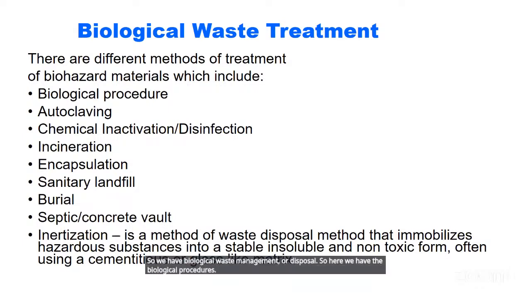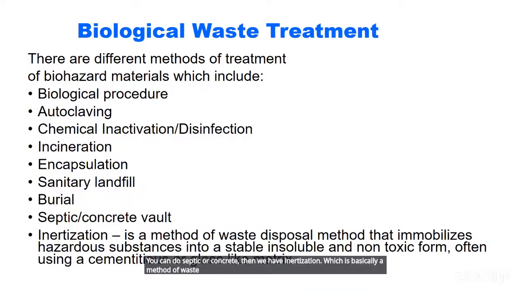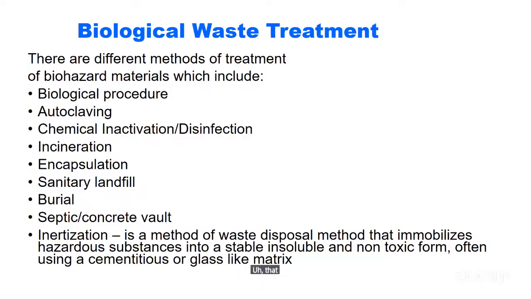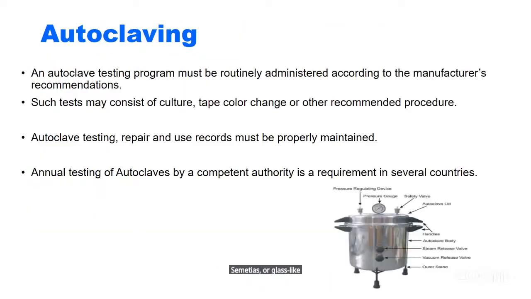We can do autoclaving, chemical inactivation or disinfection, incineration, encapsulation, sanitary landfills, burial, and septic or concrete. Then we have inertization, which is a method of waste disposal that immobilizes hazardous substances into a stable, insoluble, and non-toxic form, often using cementitious or glass-like materials.